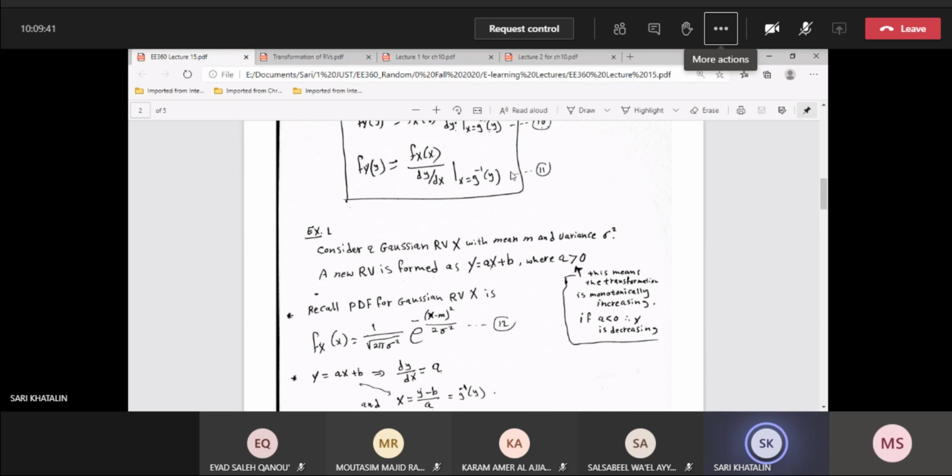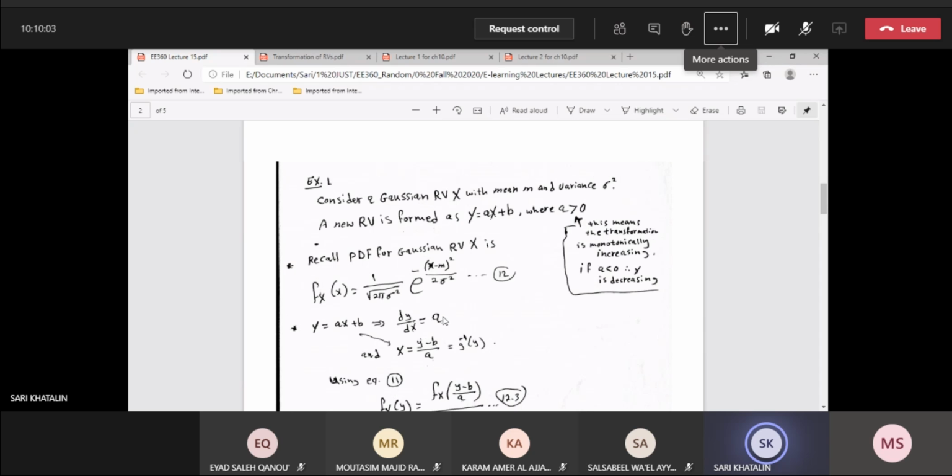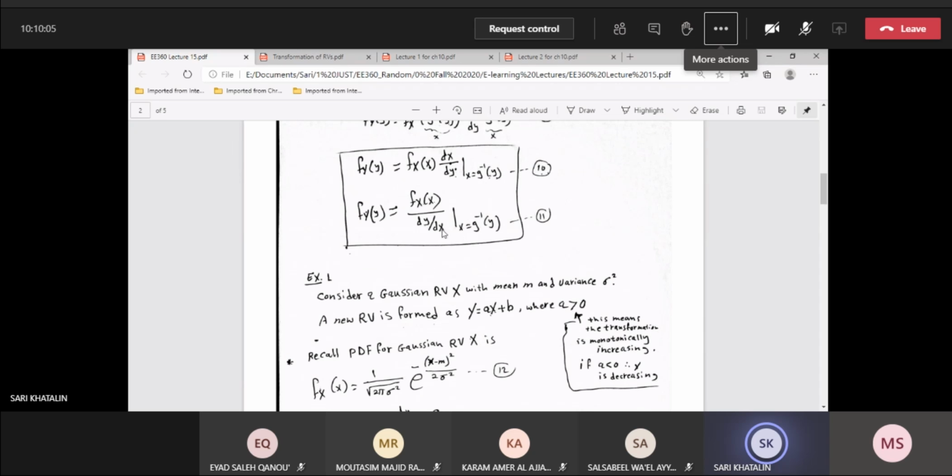So if we want to use equation 11 right here, x will be (y minus b) divided by a. Of course, x came from this equation right here. Now we do have x, and we have the derivative of y with respect to x, and we just plug into equation 11, in here.